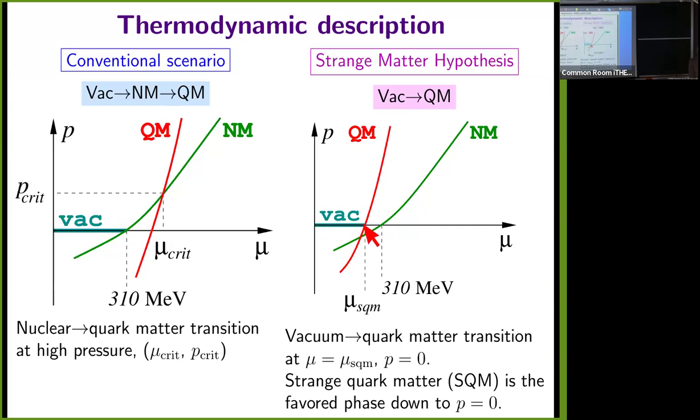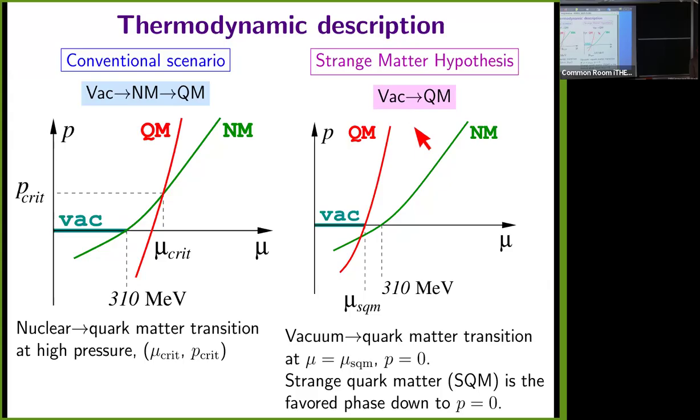But then at some critical chemical potential, you get a transition straight to quark matter. And nuclear matter never gets any attention at all. It's always a disfavored phase. So the strange matter hypothesis says that actually nuclear matter is always metastable, and the truly favored phase is always quark matter once the chemical potential gets high enough. So these are the two scenarios.